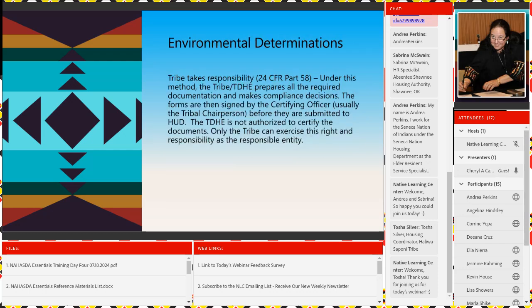So environmental determinations, the tribe takes responsibility under Part 58. So Part 50, it's HUD; Part 58, it's the tribe. Under this method, the tribe or the TDHE prepares all your required documentation and makes the compliance decisions. Forms are usually signed by your certifying officer. In this case, your certifying officer is normally your tribal chairman.